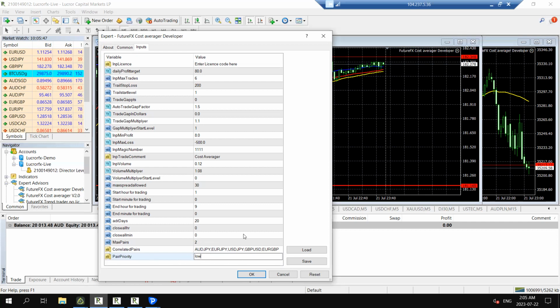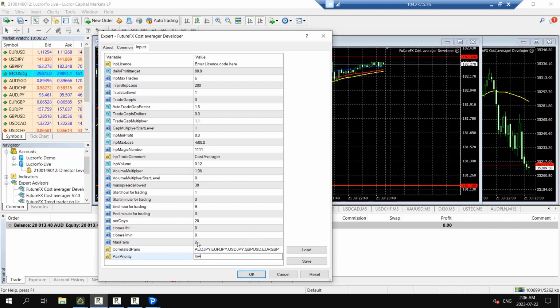Okay, and when I said it's not 100% perfected yet, there is still a slight chance, and this chance will be greater the more pairs you have the software on, that two pairs could end up with the same priority, and they could both want to try and trade at exactly the same time. And there is a random generation in there as well. But if that random generation was close to each other, then two pairs could trade at exactly the same time.